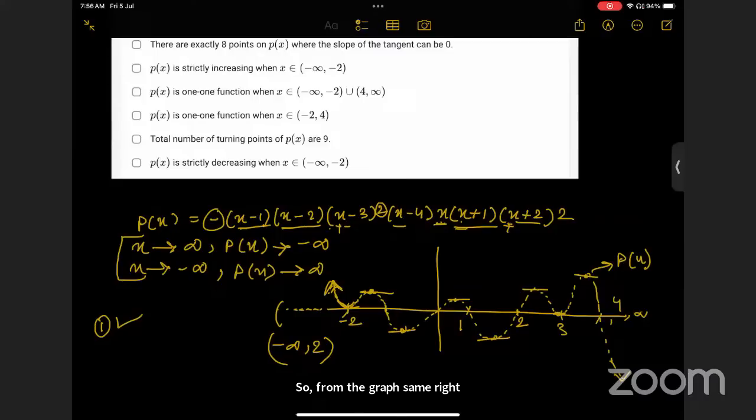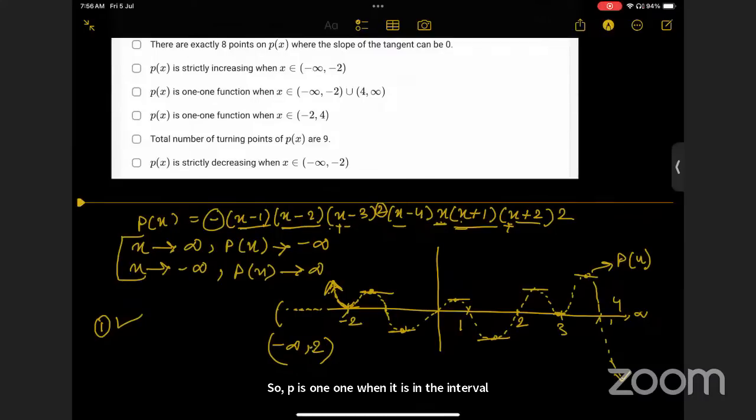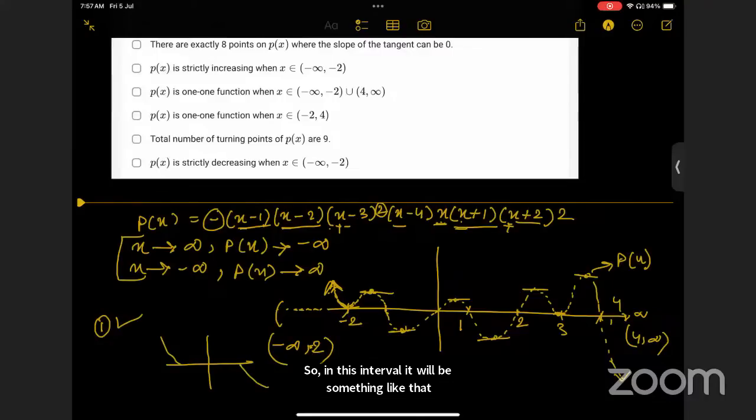Okay. So P is 1-1 when it is in the interval minus infinity, comma, minus 2, and 4, comma, infinity. So in this interval, it will be something like that. So this is 1-1 clearly, right?